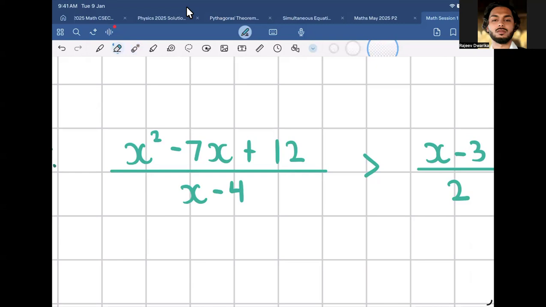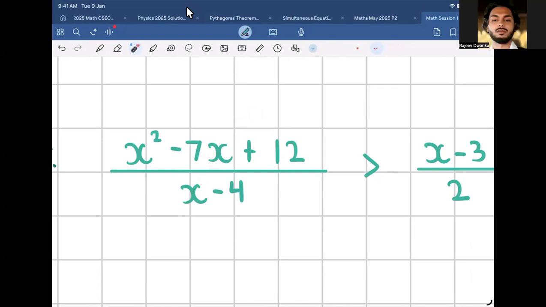So this just seems wrong. Yeah, it seems wrong, but we need to understand why it's wrong.